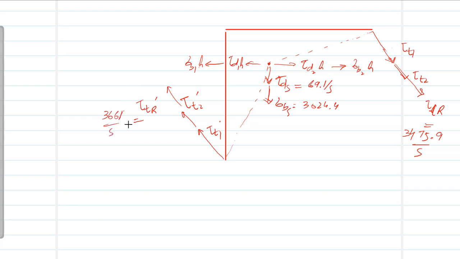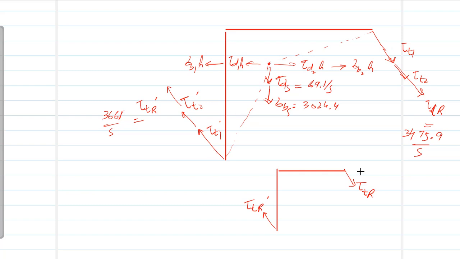So now our stresses are reduced to, I'm just drawing a free body diagram. In the exam you can use multiple free body diagrams, no problem. In the free body diagram you now have the tau tr, tau tr prime, and we have to translate these stresses at this point.